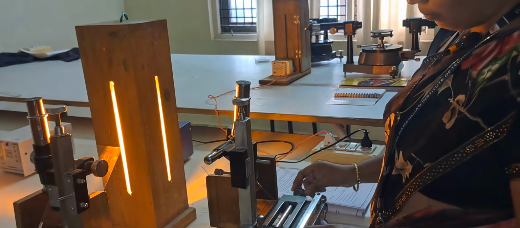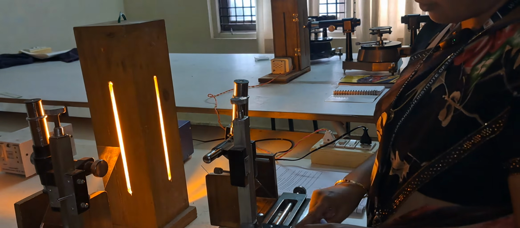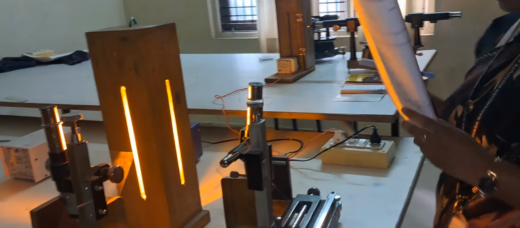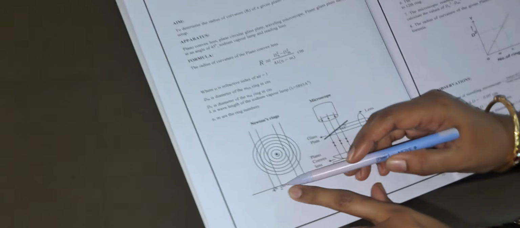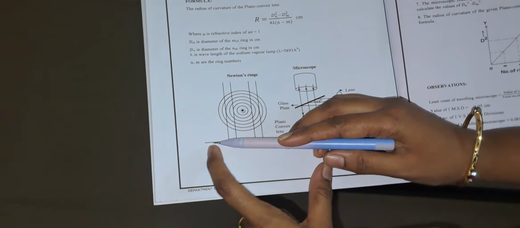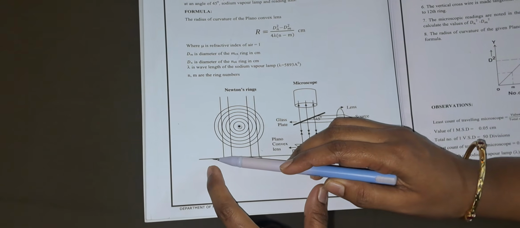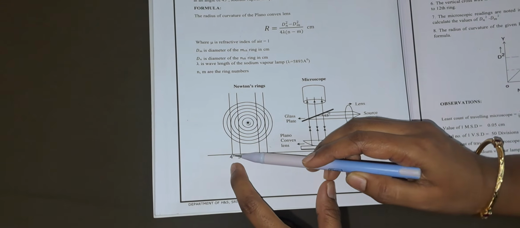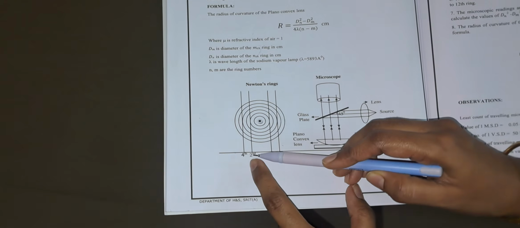Likewise we move the telescope and move across the rings. On the left side, I have coincided on the 10th ring. From 10th it comes to 8th, 8th to 6th, 6th to 4th, 4th to 2nd.